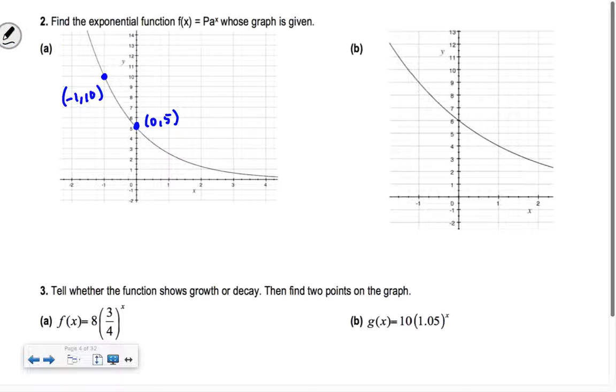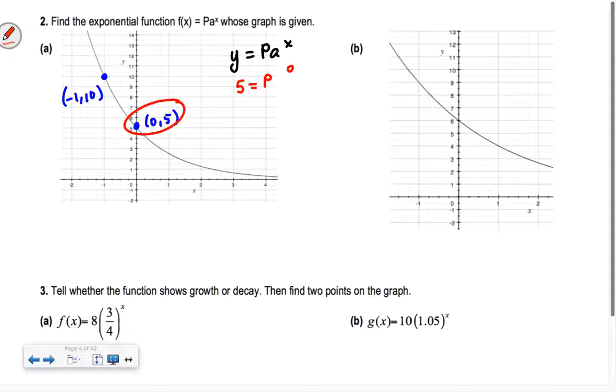All right, so let's use our y equals p times a to the x. And this time, let's actually use the one that's on that y-axis. Let's use the 0, 5. For these ones, this will be the most important point. If you do that one first, it will help you out a lot. So when we do that, we're going to have 0 for x and 5 for y.